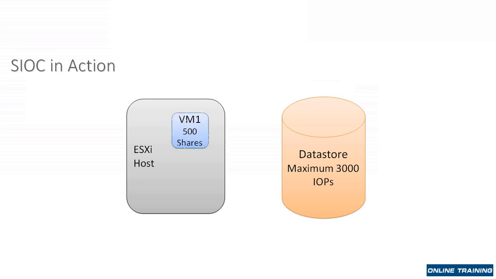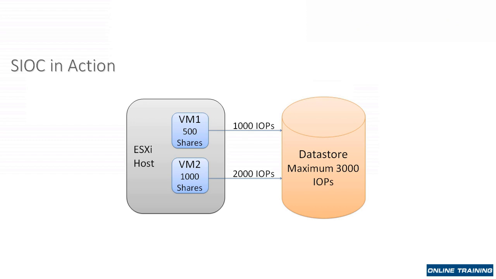And here's what's going to happen. We've got these two VMs, and both of these VMs have their virtual disks located on this data store. VM1 has 500 shares. VM2 has 1,000 shares. Basically meaning that if a contention problem arises, VM1 is going to get half the storage bandwidth that VM2 is.